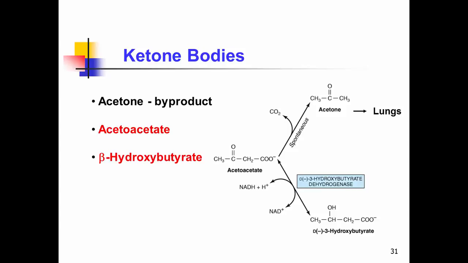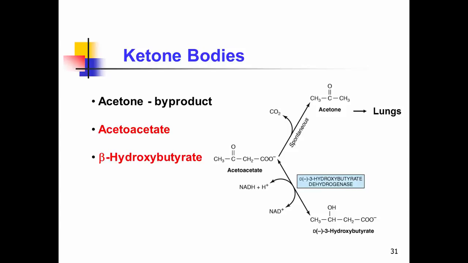So acetone is excreted through the lungs, right? That's probably the reason why, for diabetic patients, you can sometimes smell a very special smell. This is basically caused by exhaling a lot of ketones.